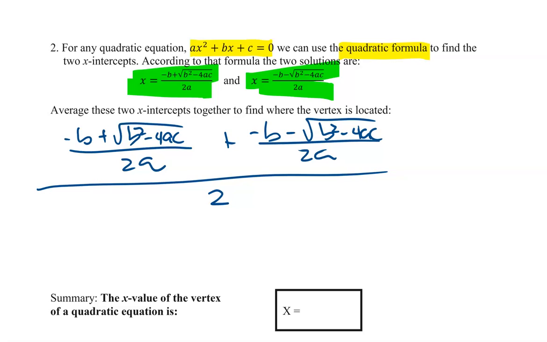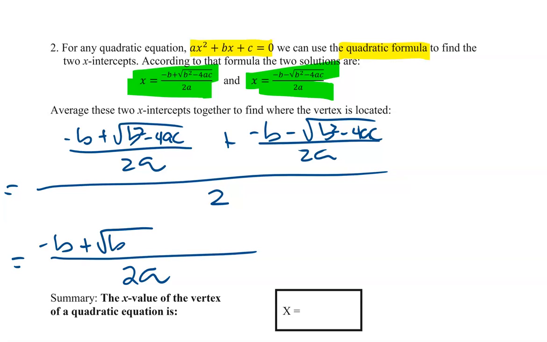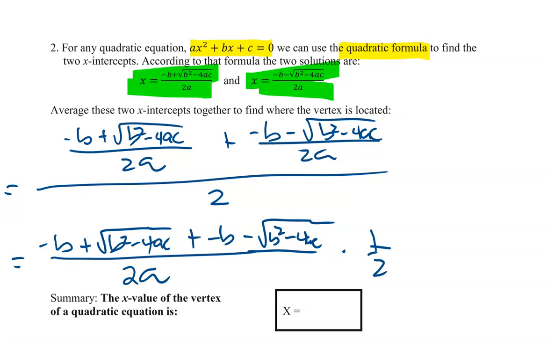Since they have the same denominator of 2a, we can add the numerators. So negative b plus square root of b squared minus 4ac, plus negative b minus square root of b squared minus 4ac, and this is divided by 2, that is 2 over 1, so get the reciprocal of that, that is times 1/2.